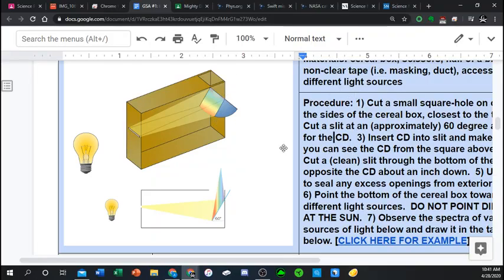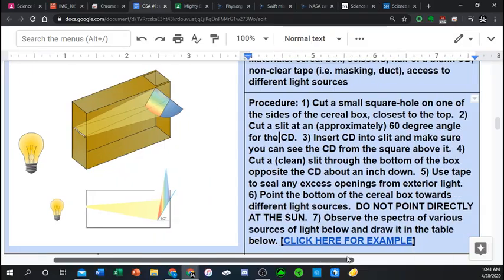A little boring. Besides the shade, all right, step 3, 4, already mentioned all those. 5, use the tape to seal in any of the holes. Make sure you cut the slit opposite the disc. All right.